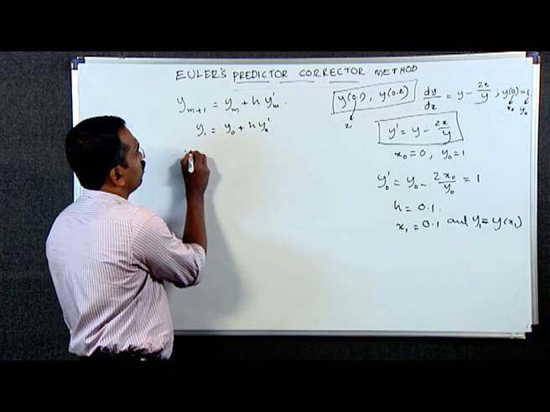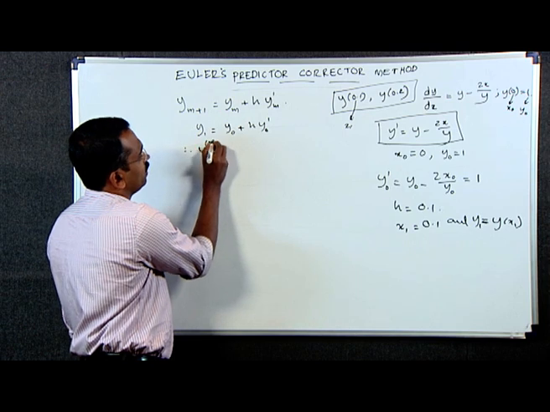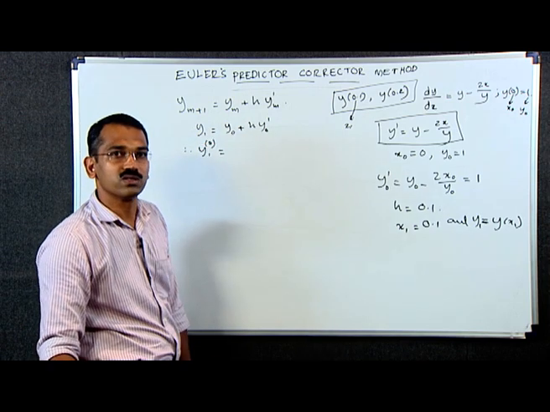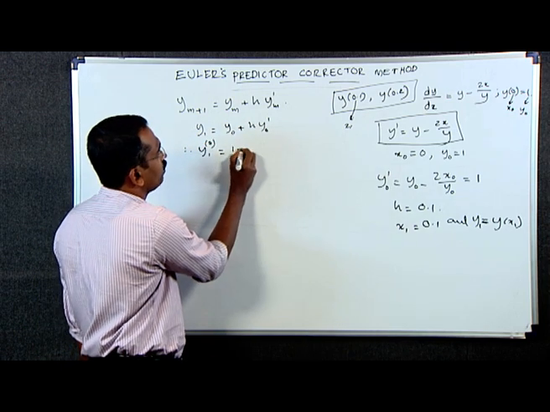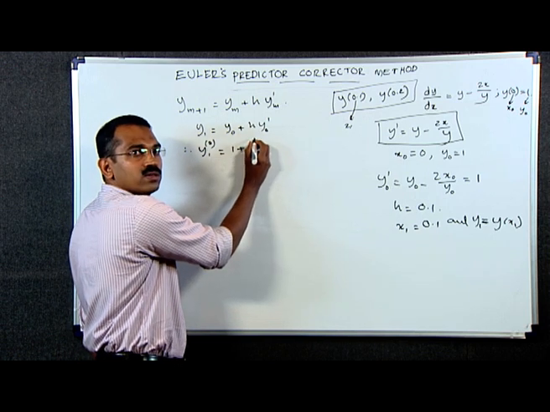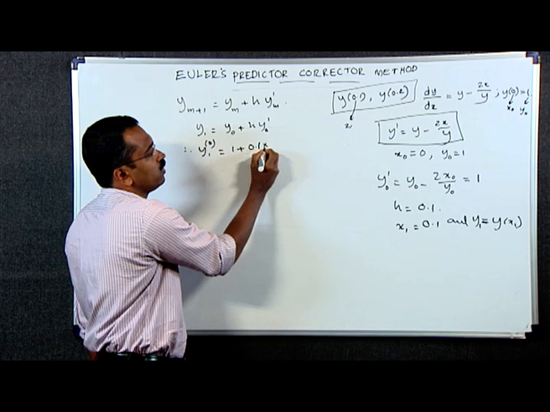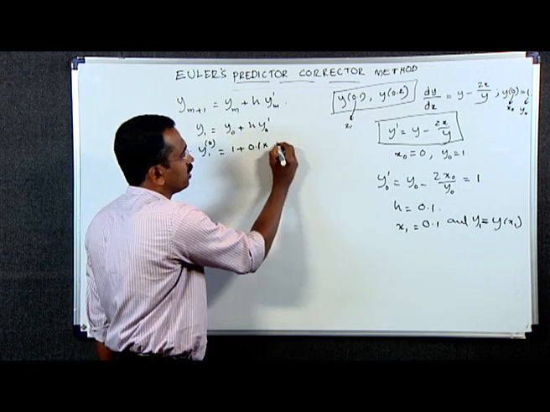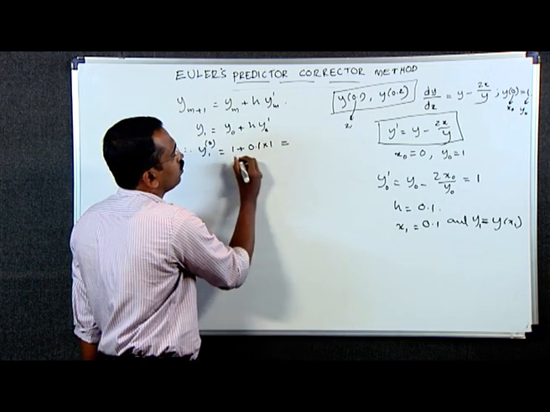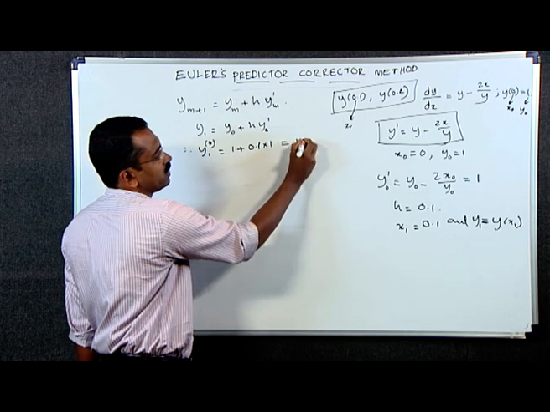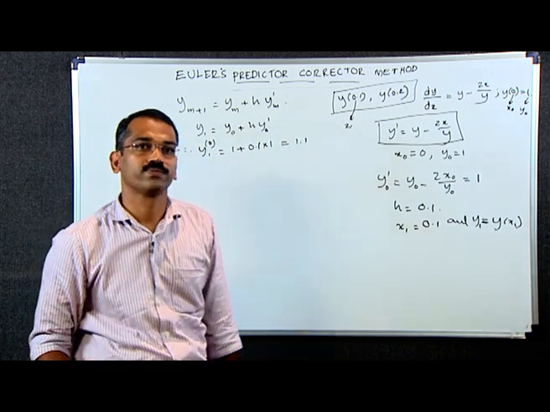Therefore, the first initial approximation y1 0 is equal to 1 plus, here y naught is 1, h is 0.1, into y naught dash is 1. This is equal to 1 plus 0.1, that is 1.1.